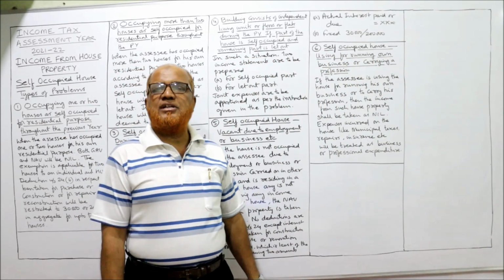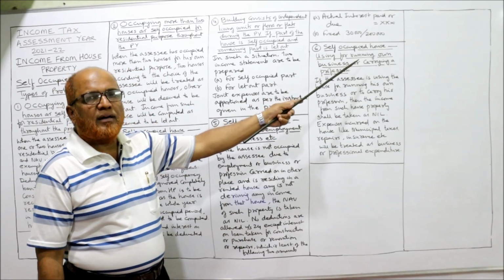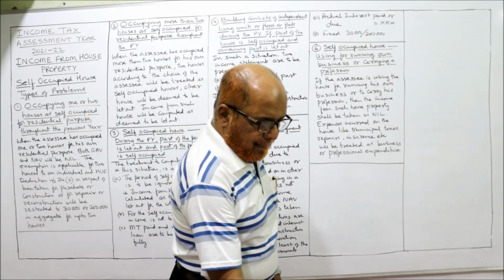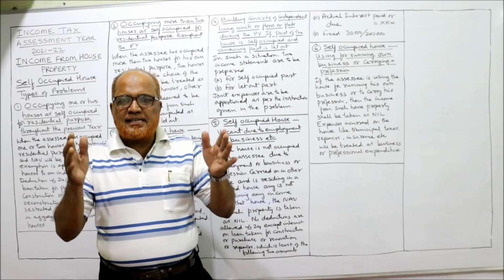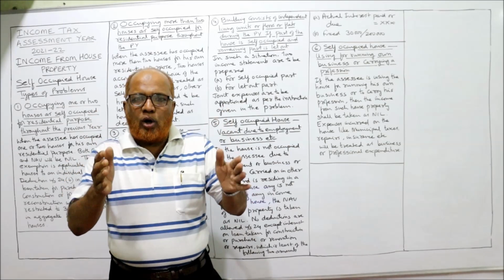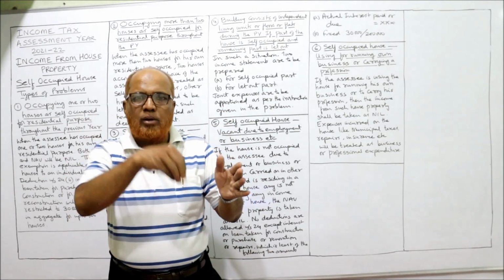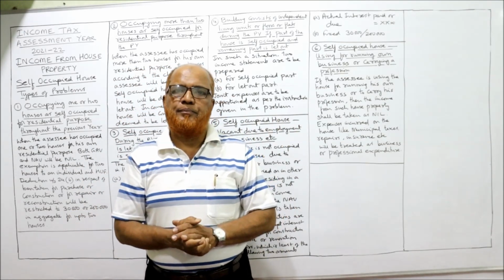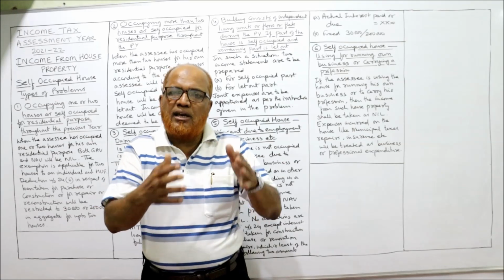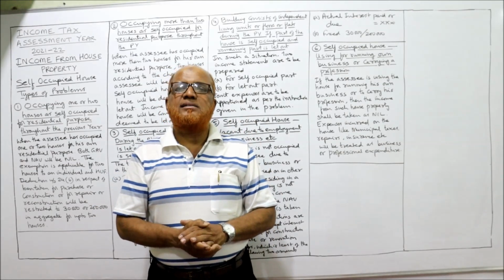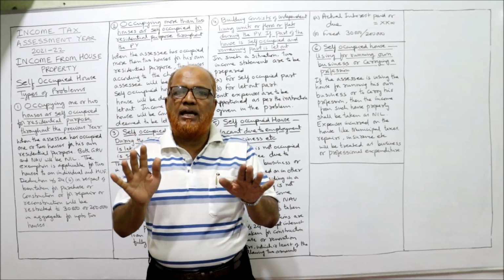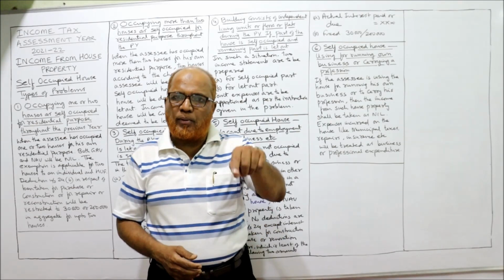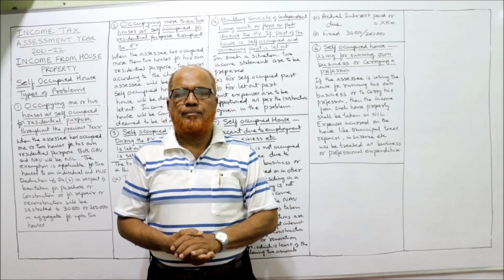The last point to be discussed here is a self-occupied house used for running own business or carrying on own profession. Sometimes an assessee has his own property and that property is used for running his own business or carrying on his profession. Then the Income Tax Act says don't calculate the income from such property, because the property is used for running the business.